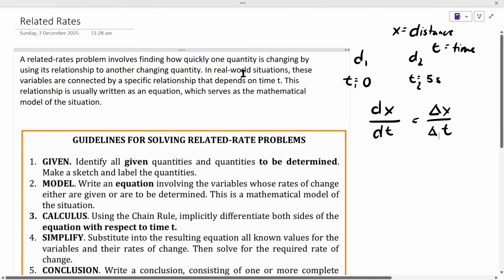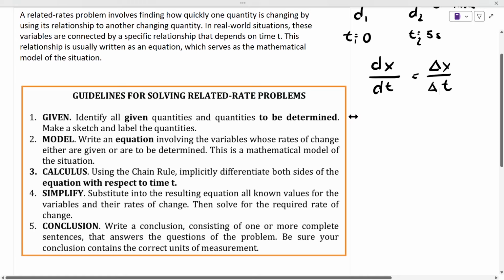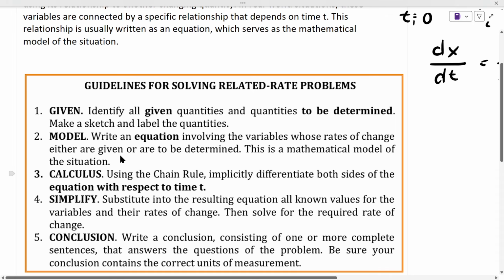So anyway, let's use these general guidelines to solve related rate problems. First step is to identify all known quantities and unknown quantities, the quantities to be determined.